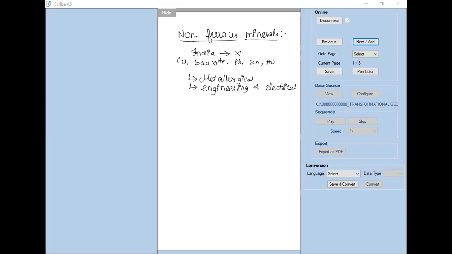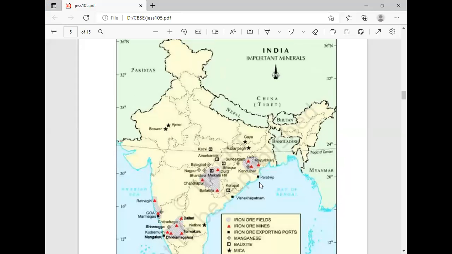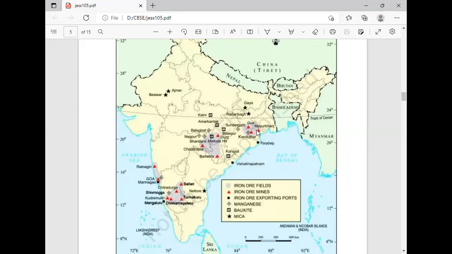Before we go to this, I will give you a quick recap of the map section. You see, these are the important minerals. This is the Durg, Bastar, Chandrapur belt. Can you see the Bailadila mines here? And this is the Odisha and Jharkhand belt.